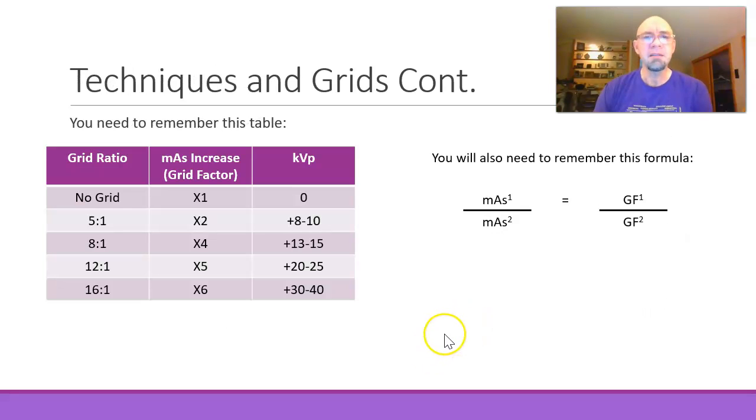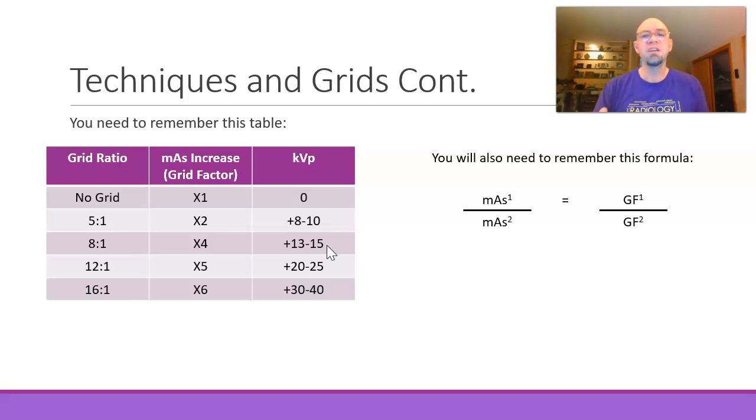All right, bringing it back to this slide because I just wanted to look at kVp. Again, the grid I'm used to using is an 8-to-1. So if I had to go up 13 to 15 on my kV, sure, I guess. But as mentioned earlier today, you all have a computer on wheels now.